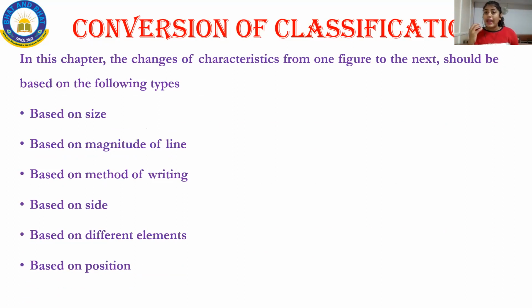What you have to concentrate more on, students, is on what basis you will be getting questions: based on size, based on magnitude of lines, based on method of writing, based on sides, based on different elements, based on position. They will give you only these types.